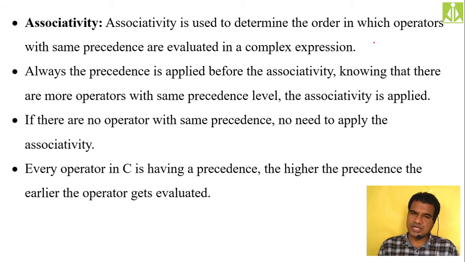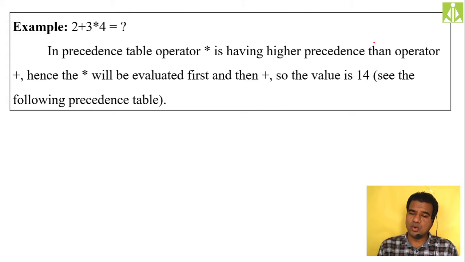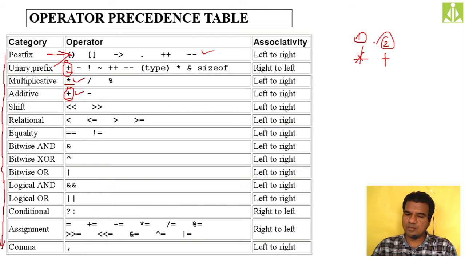Associativity applies if more than one operator from a single precedence level comes in your expression, like this: 3 multiply 4 divide 2.